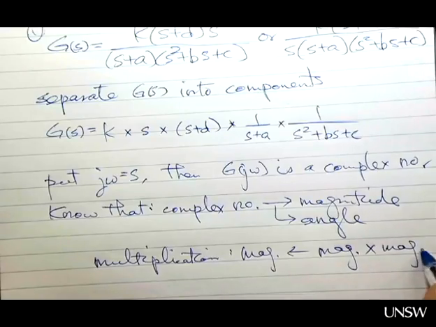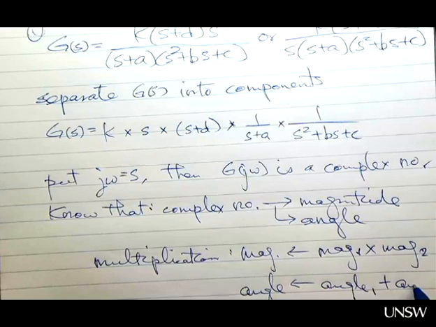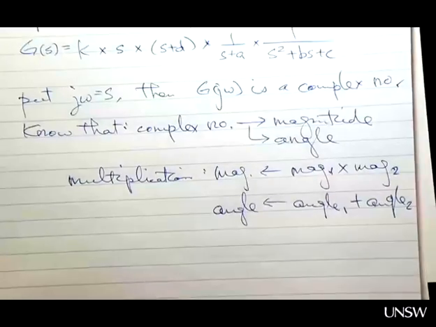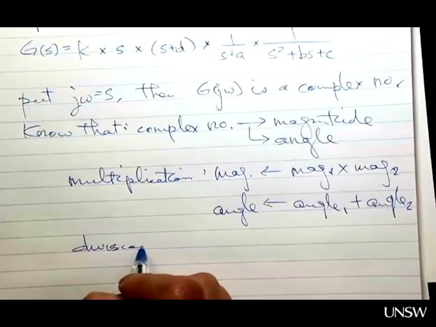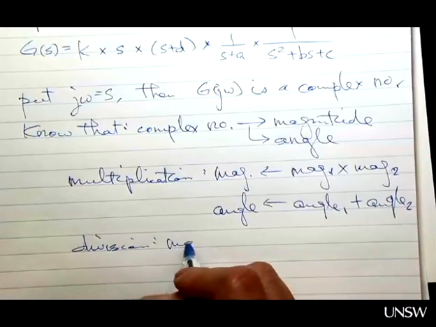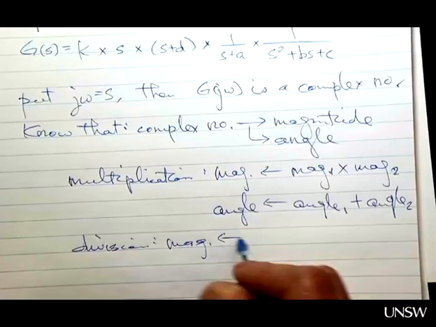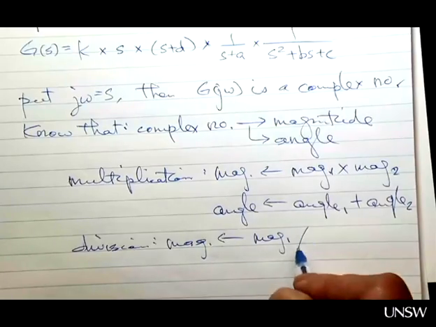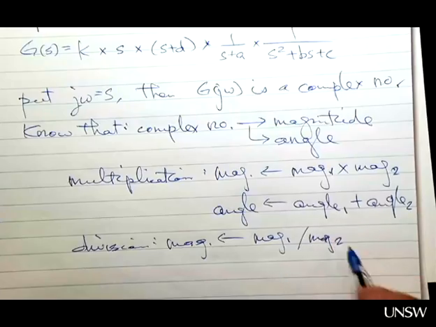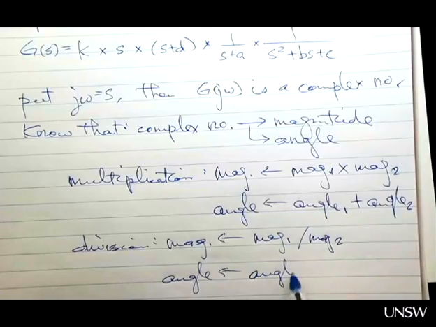And for the angle, it is angle 1 plus angle 2. And then for division, we have magnitude 1 divided by magnitude 2, and the angle is angle 1 subtract angle 2.